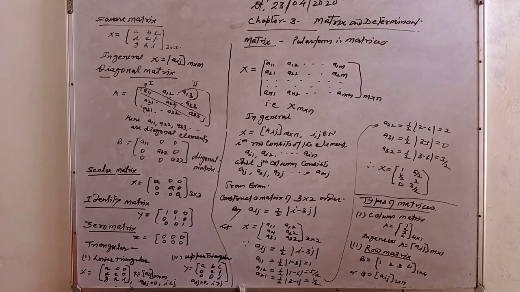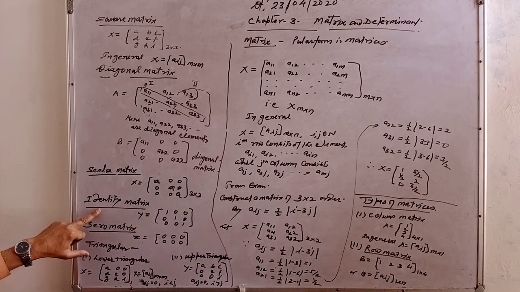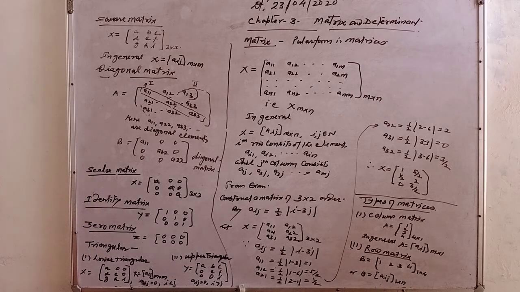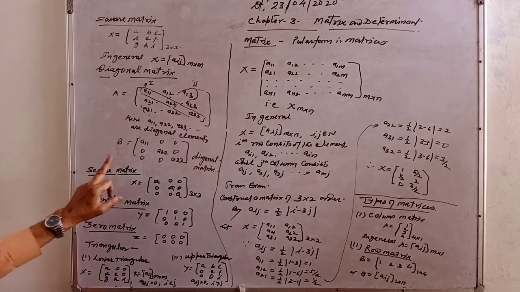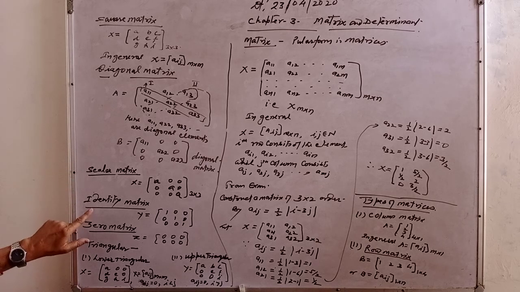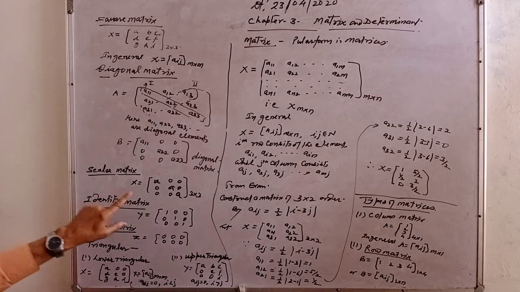Principal diagonal elements are equal and remaining elements are 0. Now the identity matrix. Identity is a scalar matrix, but in this identity matrix, principal diagonal elements are equal to 1. So the difference between scalar and identity: in a scalar matrix, principal diagonal elements are equal and remaining elements are 0, and in an identity matrix, principal diagonal elements are equal to 1.